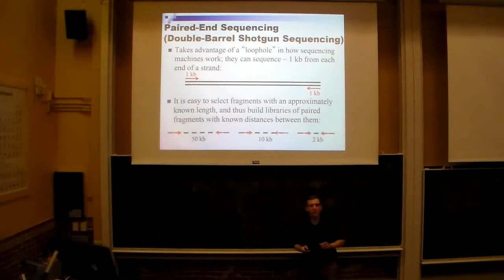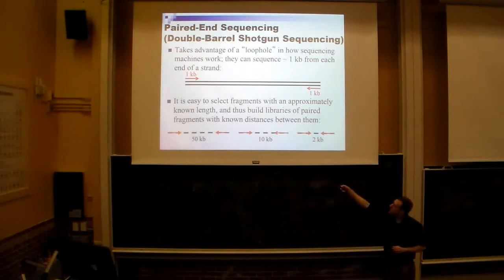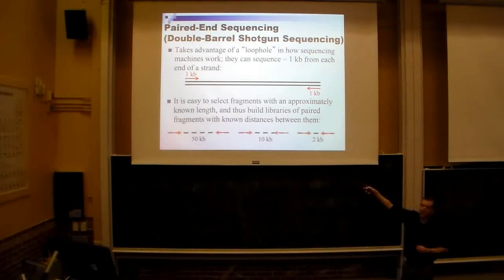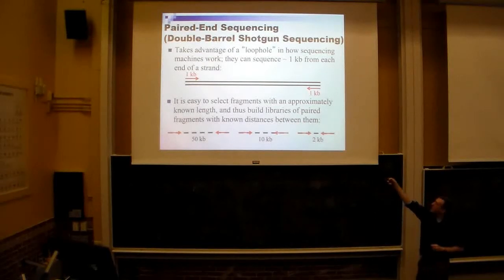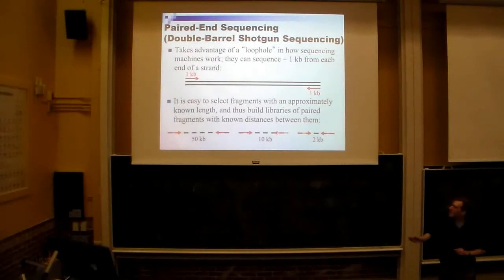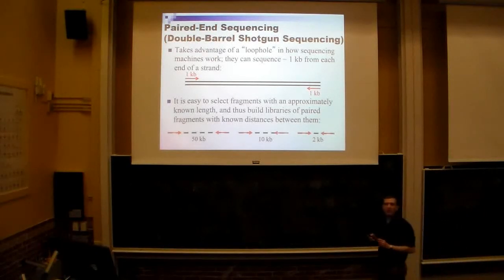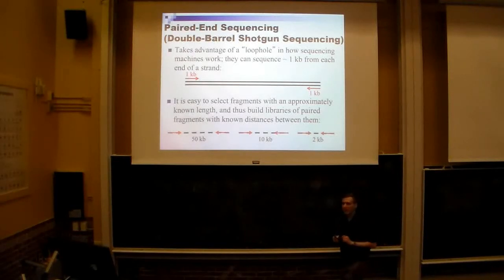And that's a very important distinction, because if you can get the first 1,000 bases of a piece of DNA, then you can look at the complement of that strand, which is easy to get, and get the first 1,000 bases of the complement of the strand of DNA. So what that really means is that you can get 1,000 bases from either end of a strand of DNA, even if that strand is much longer than 1,000 bases.